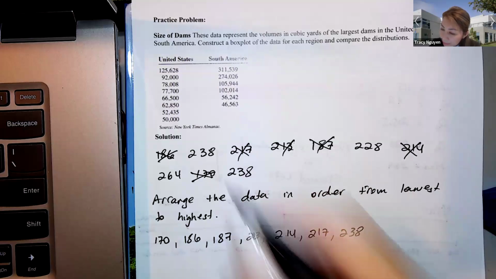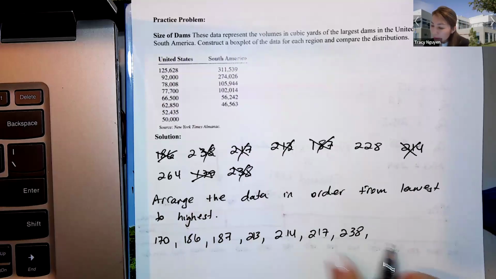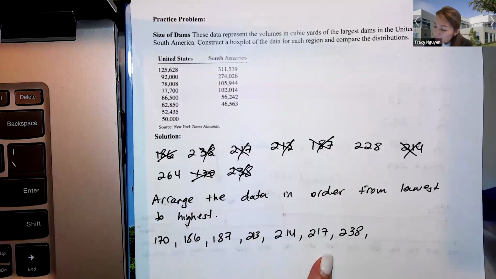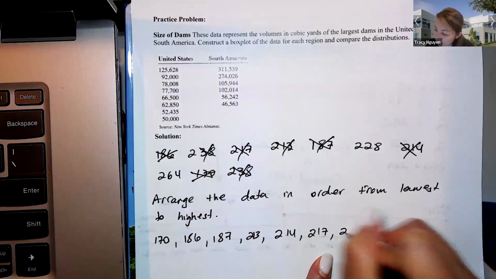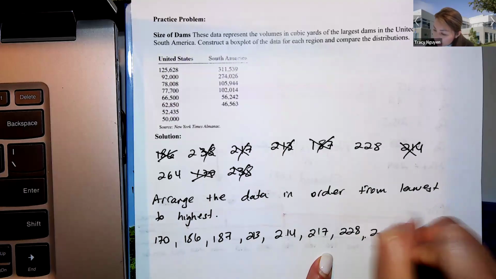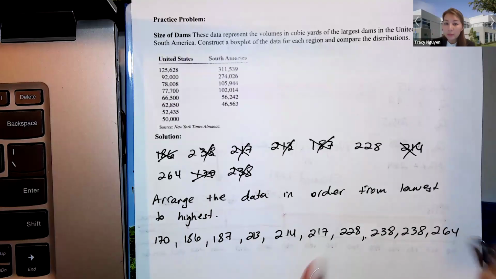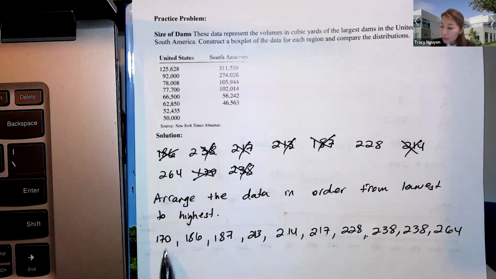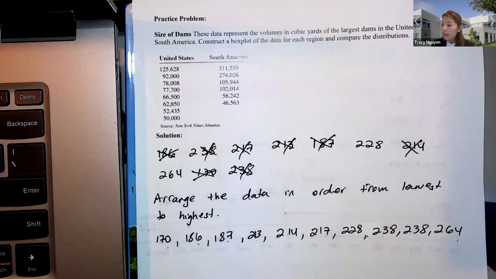Next is 228, then 238, 238, and 264. Let me see, making sure that I have them all. 1, 2, 3, 4, 5, 6, 7, 8, 9, 10. We got it. All right.